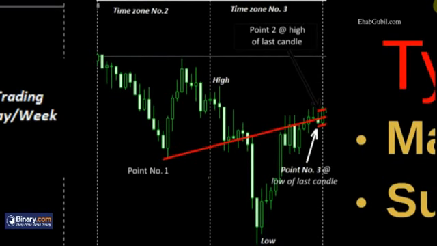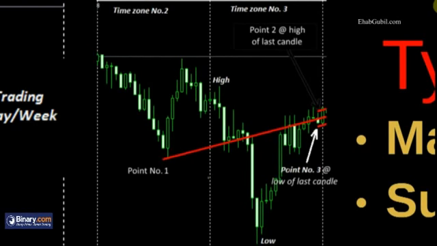After indication of the first pivot point, whether it is high or low, we will look for point number 1 of the PF at time zone number 2, opposite to the indicated pivot point in time zone number 3.